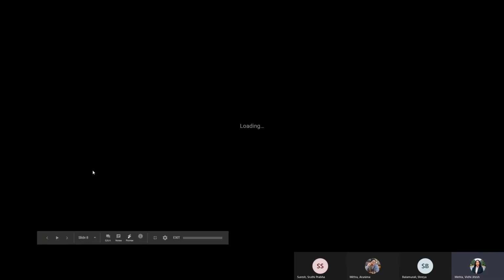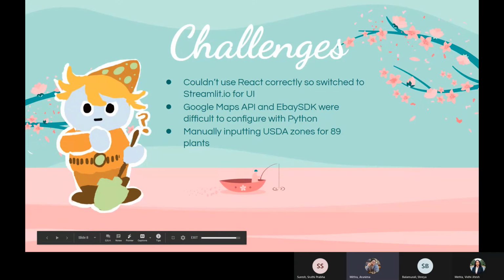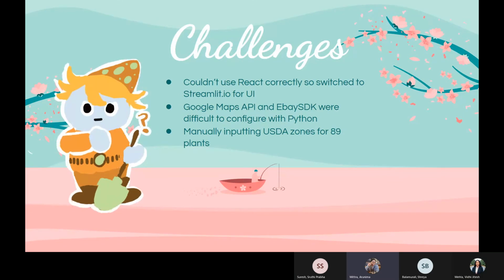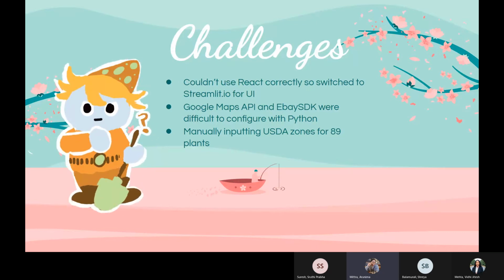With that being said, I'll hand it off to Arunima to talk about some of our challenges and achievements. Thank you, Vidhi. So, some of the challenges were also big learning points for the four of us. Initially, we planned to make this a React front-end application with a Flask backend, but soon realized that Streamlit IO was much better suited for our purposes, along with the Python backend.